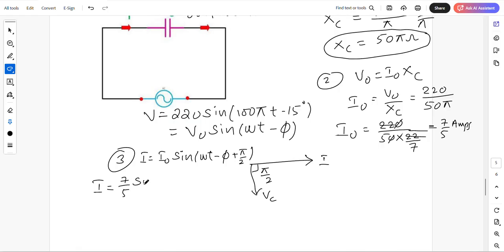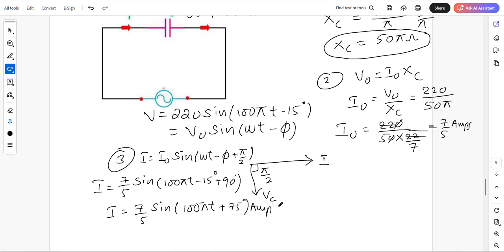After sine, same thing you write down, just you have to add plus pi by 2, because you are finding current here. 100 pi t minus 15 degree plus 90 degree. That's it. I is equal to 7 by 5 sine of 100 pi t plus 75 degree amperes. It's the equation of the current.